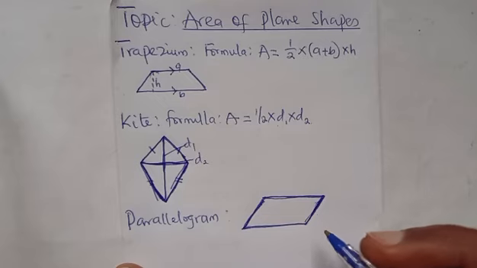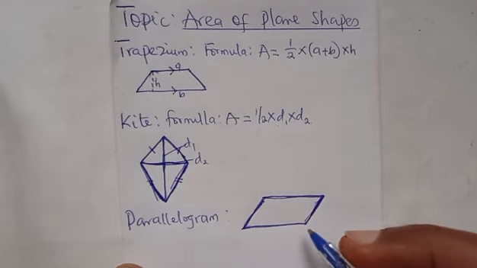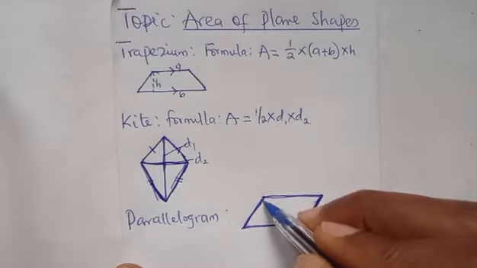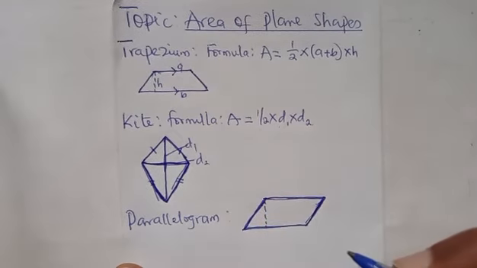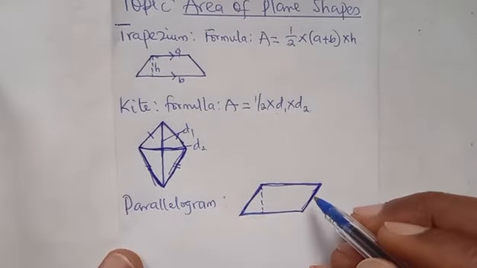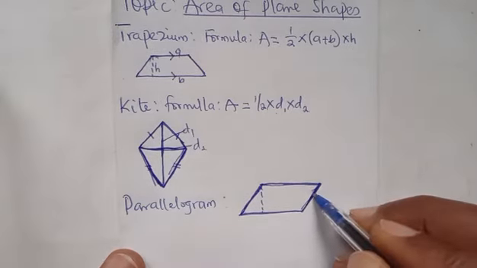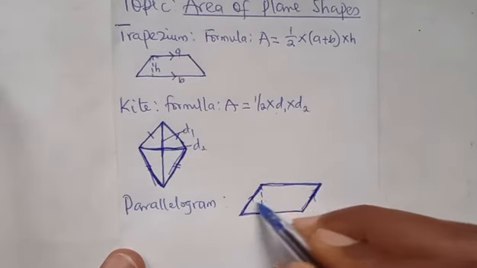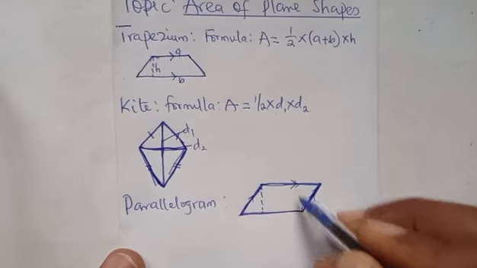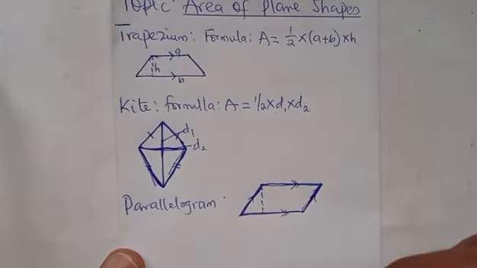Good. I can also draw the perpendicular heights. Now, like we all know, here and here are parallel. Likewise, here and here are parallel. And likewise, opposite sides are also equal.